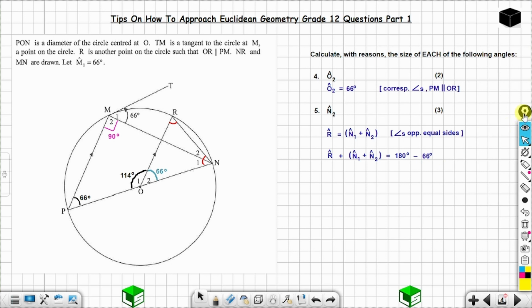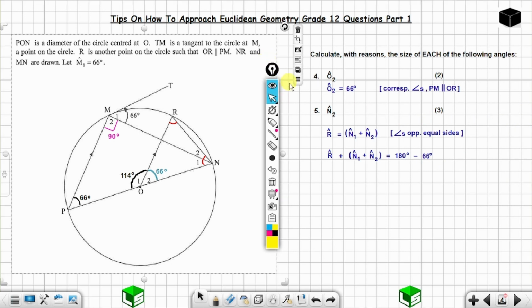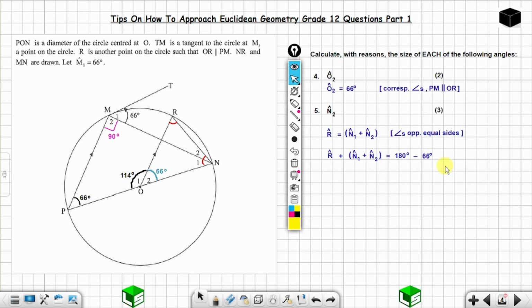The reason is sum of interior angles in triangle NOR.